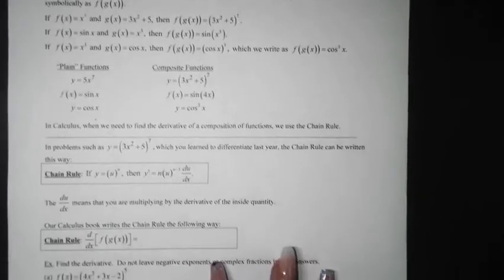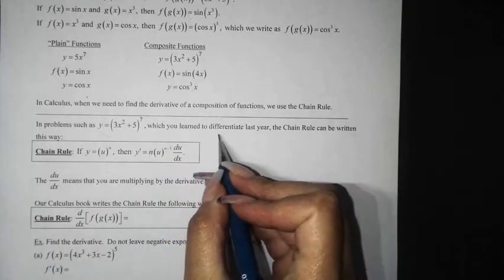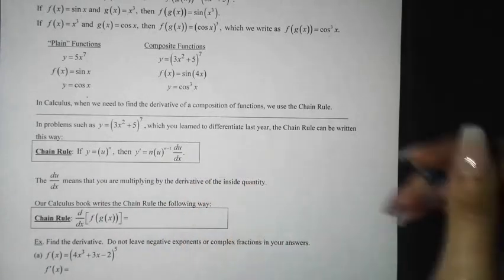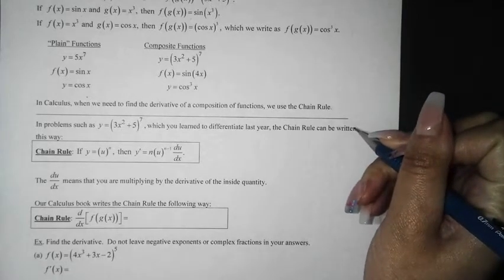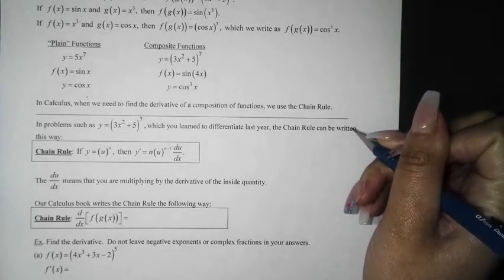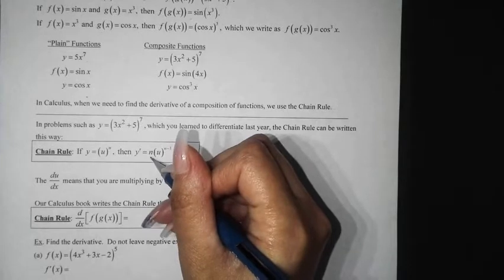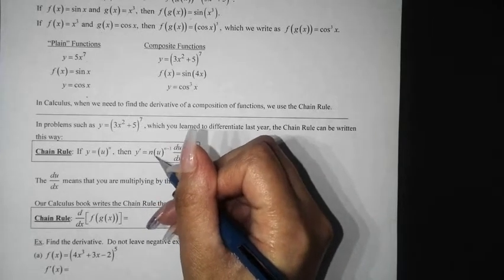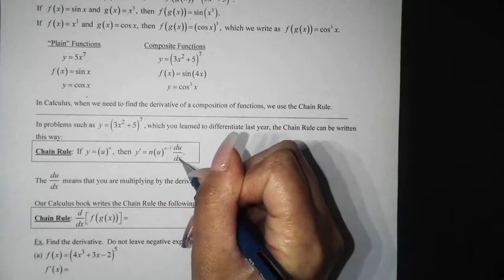Okay, so in problems such as this one, which you learned to differentiate earlier this week, the chain rule can be written this way. If y is equal to (u to the power of n), then we know that the derivative is going to be equal to n times u to the power of n minus 1 times du/dx.